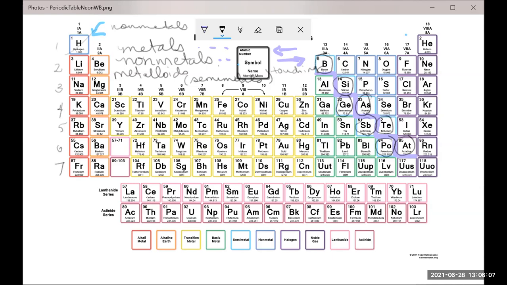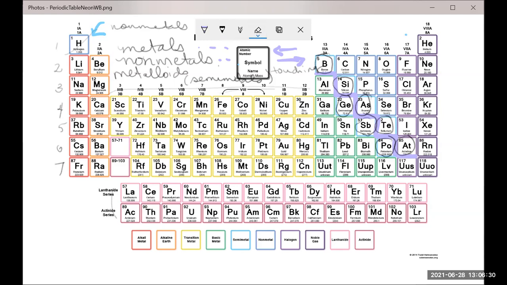Then I have 1A, 2A, 3A to 8A. Those are my main group elements. Everything here, including these guys, my rare earths, these are considered transition elements. So what are these families? Why do we put them in a family?